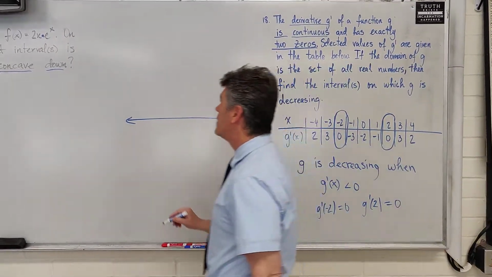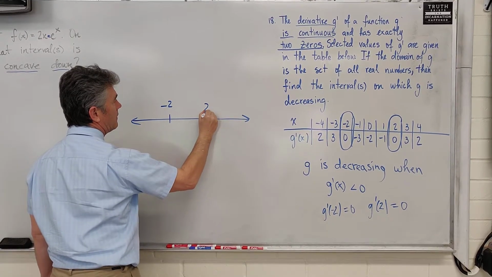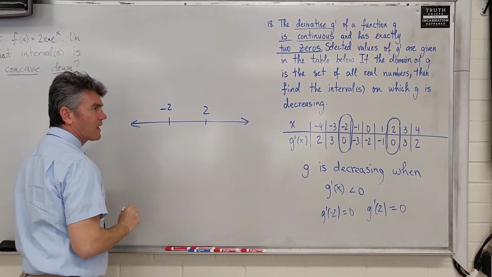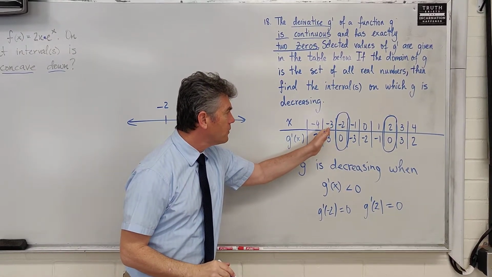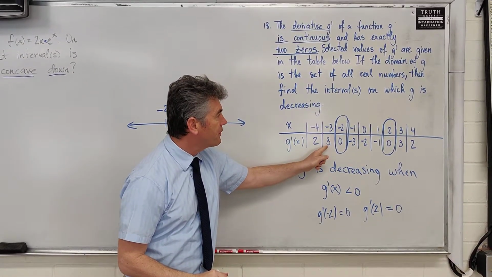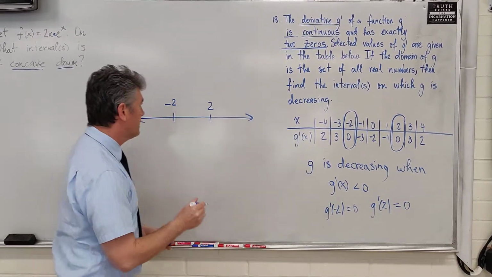Those are the two numbers that will go on the number line. Then we use some test points. Let's start to the left of negative 2. We notice that g prime of negative 3 is 3. So g prime of negative 3 is positive.